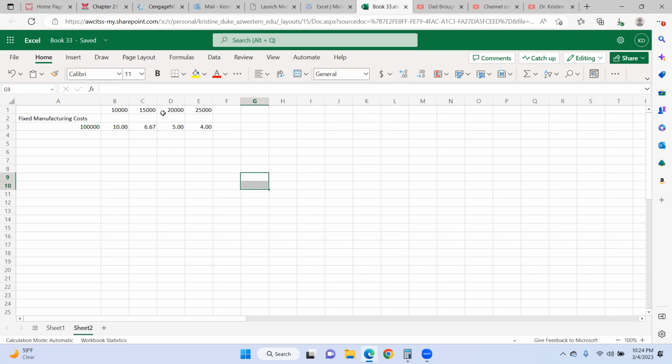Now, we can increase production, but only still sell 15,000 units. So that means instead of spreading, let's say my production level was 25,000. So that means my per unit is $4. But what if I only sold 15,000?